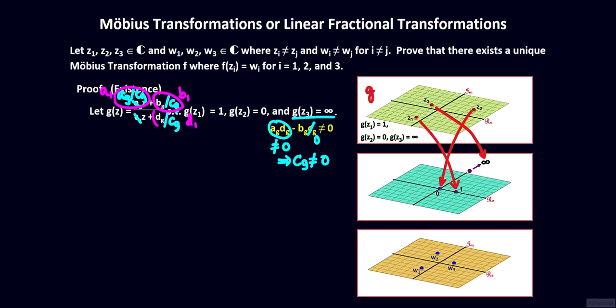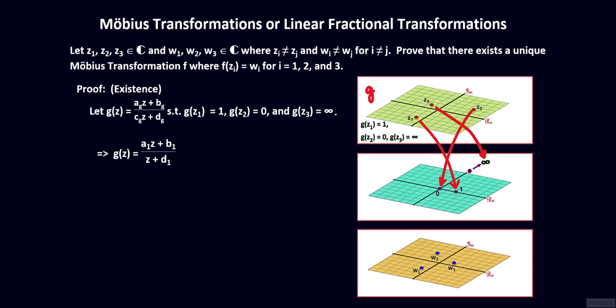And let d1 be equal to d_g divided by c_g. Then g(z) equals (a1 z + b1) divided by (z + d1). If g(z3) is infinity, then g(z) should tend to infinity as z tends to z3. And so z3 + d1 must be 0, so that d1 must be equal to minus z3.